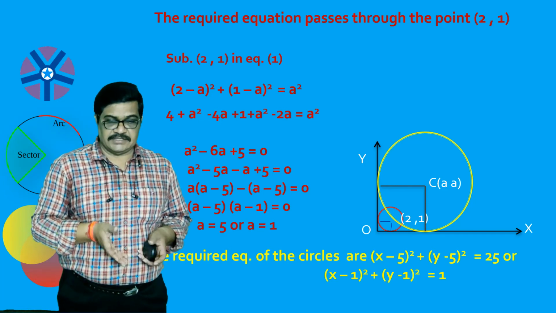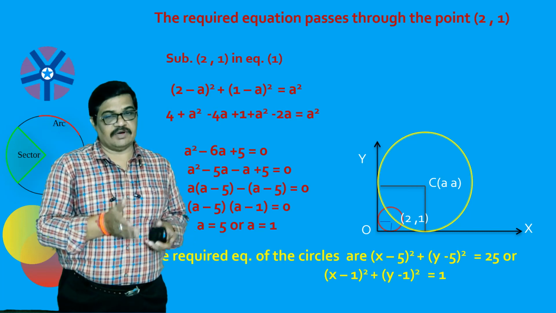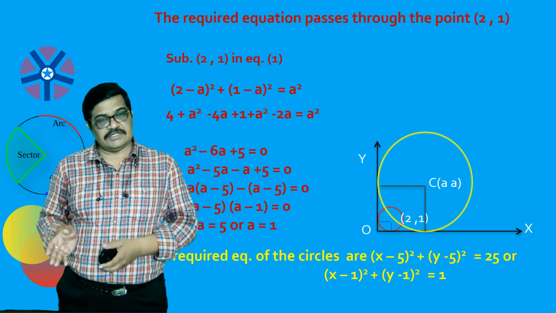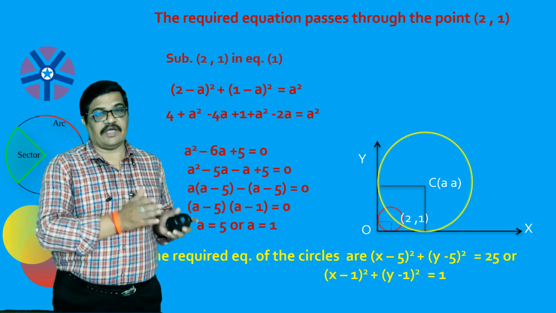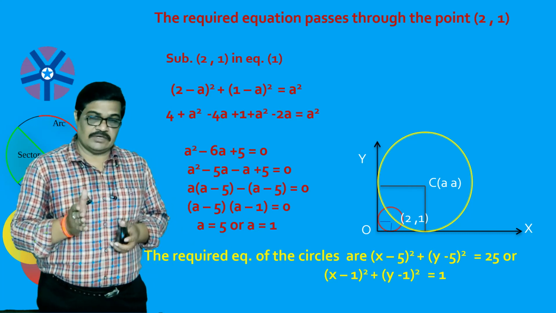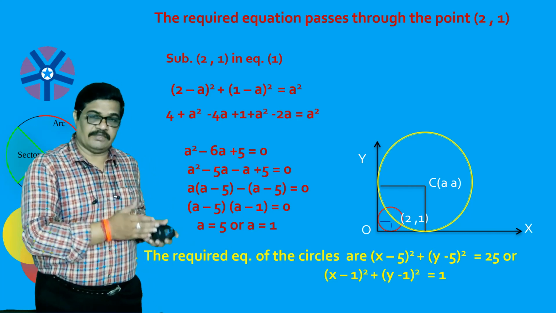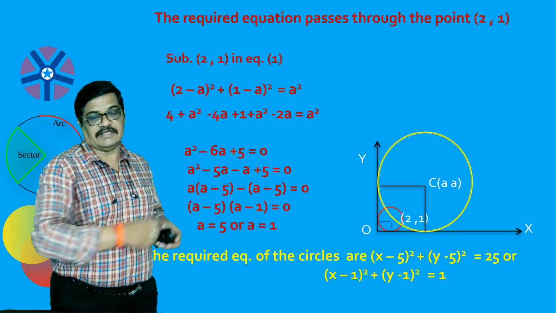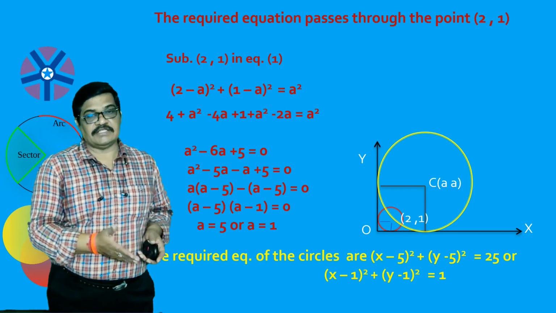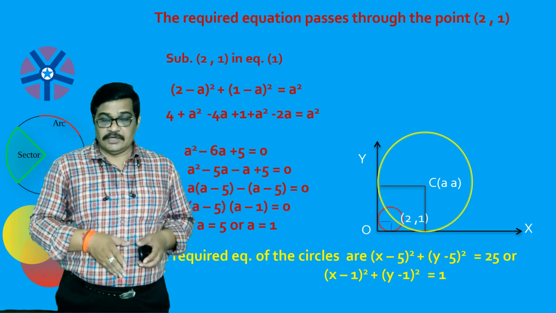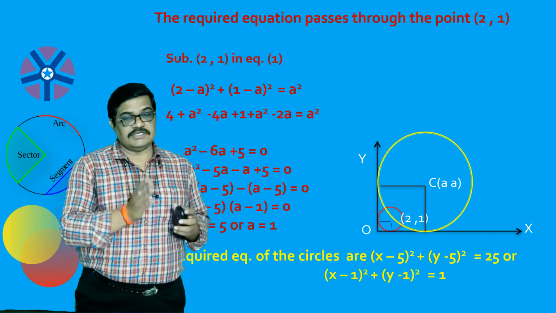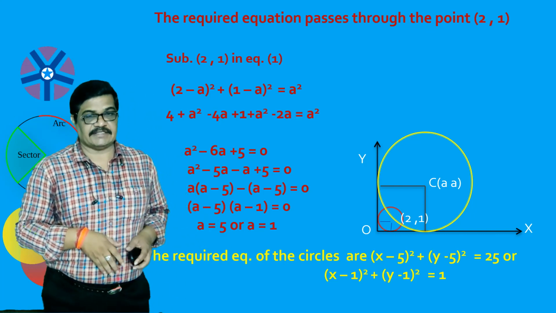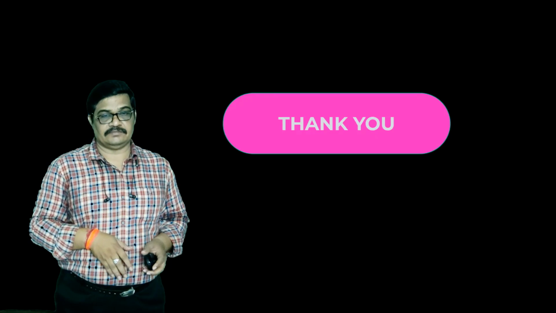The radius equals the coordinate: if the center is (1, 1), the radius is 1; if the center is (5, 5), the radius is 5. From that we get these two circles. These are the required circles passing through the point (2, 1) and touching both the coordinate axes. Okay. Thank you.